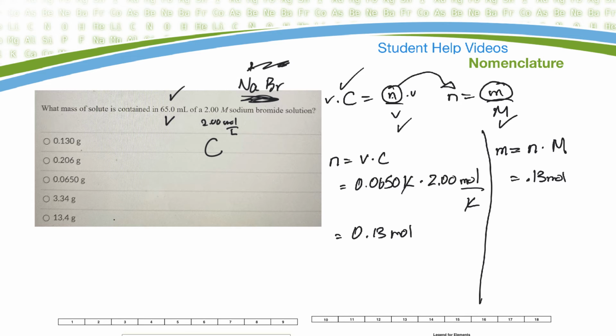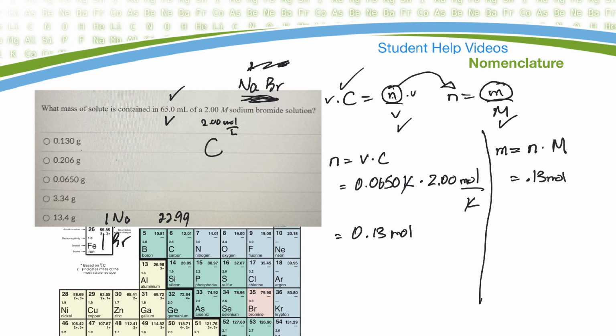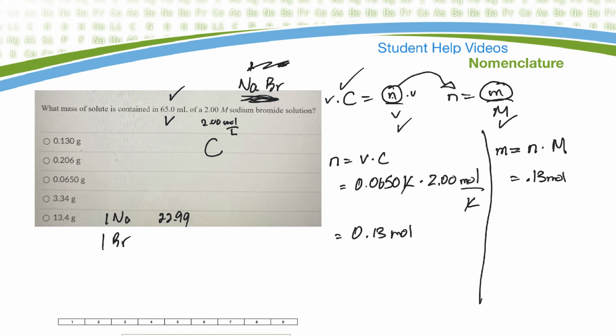Okay, so I have one sodium, weighs 22.99, and one bromine weighs 79.90. So I add these together, I think that's 102.89 grams per mole.